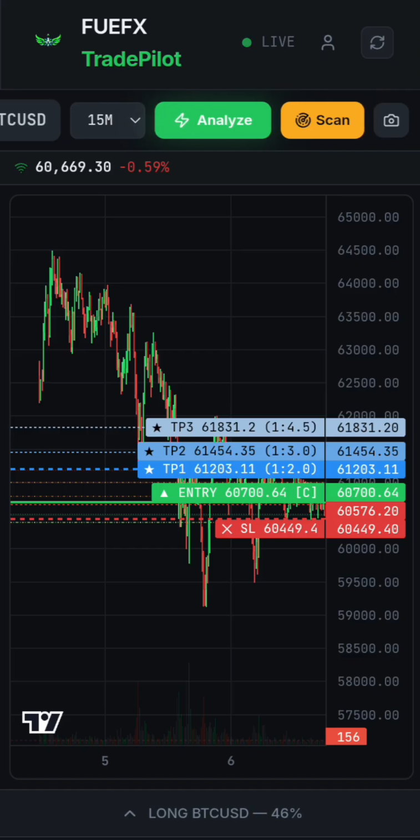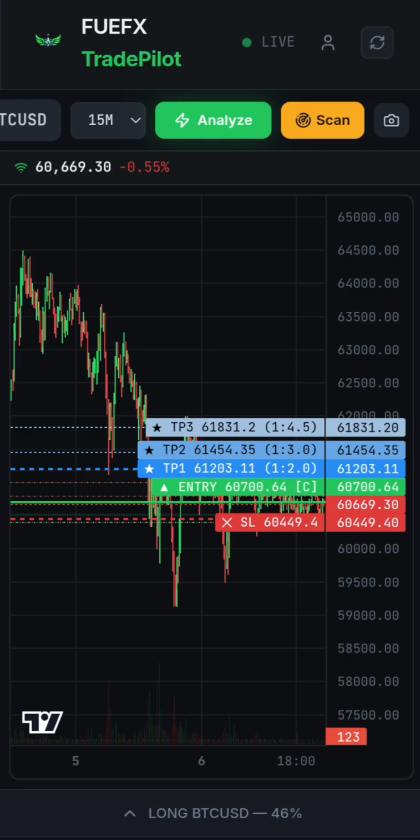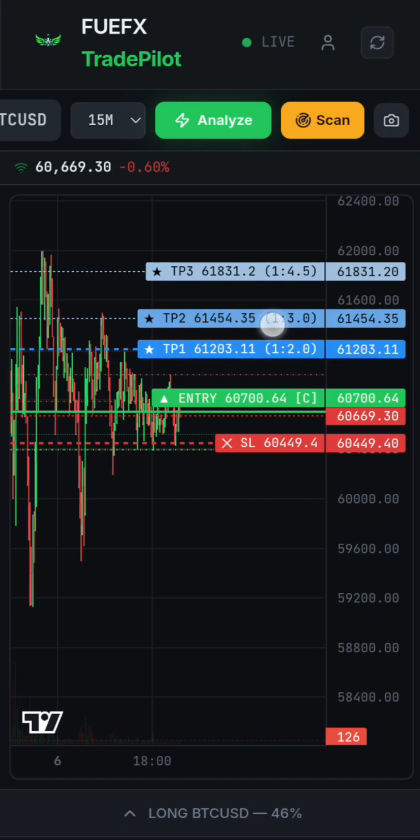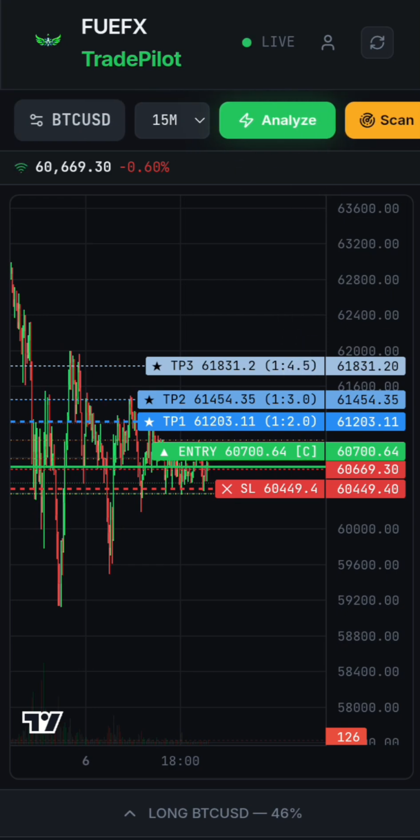I can also click on this camera icon to take a screenshot of the trade setup. You can see it has downloaded the screenshot to my device. So that's that for manually analyzing any currency pair.